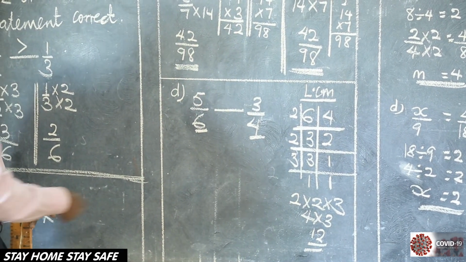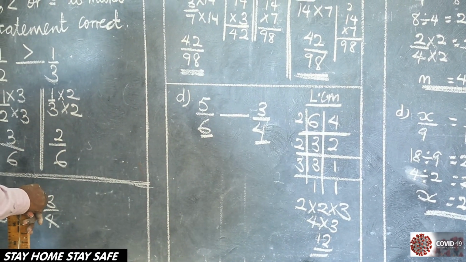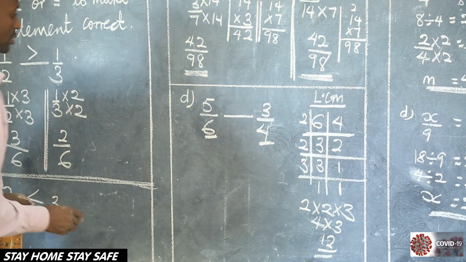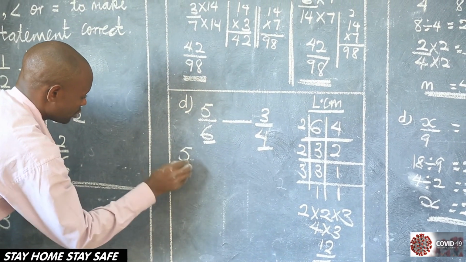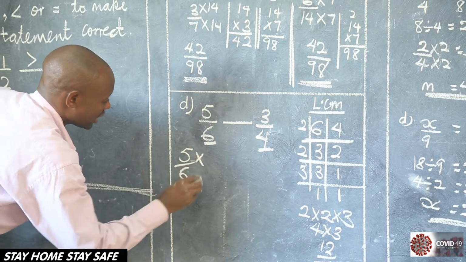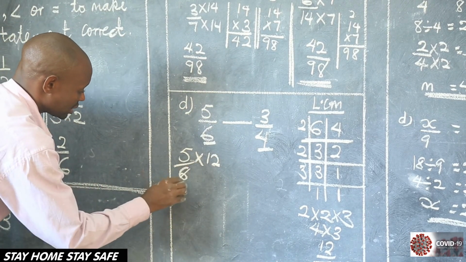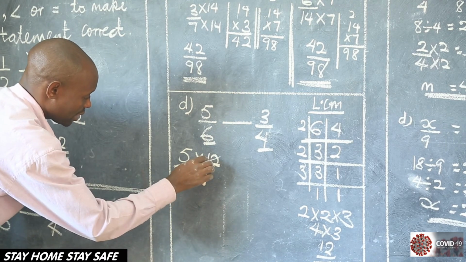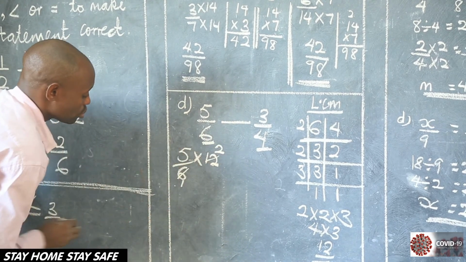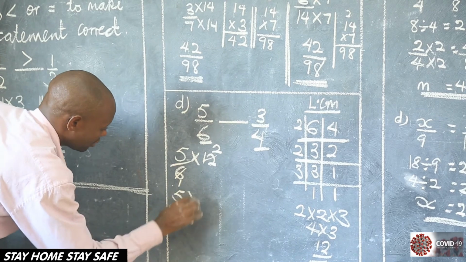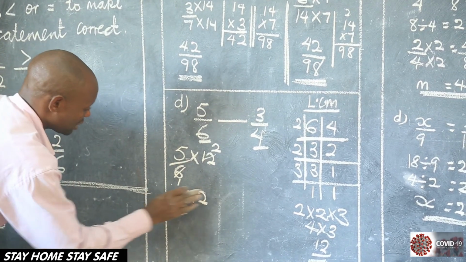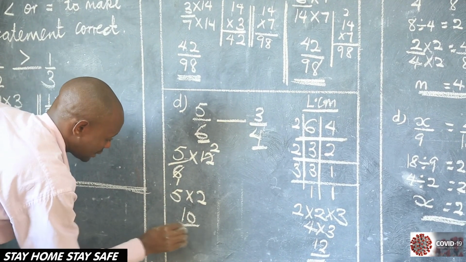Okay? So after getting 12, what do we do? We are going to get that LCM and multiply it on each fraction. So we have 5 out of 6 times the LCM, 12. Then we reduce. Divide by 6, 1. 12 divided by 6, we get 2. So we shall have 5 times 2, and 5 times 2, we shall get 10.